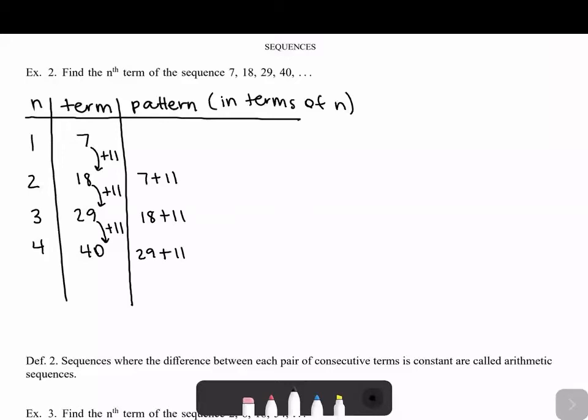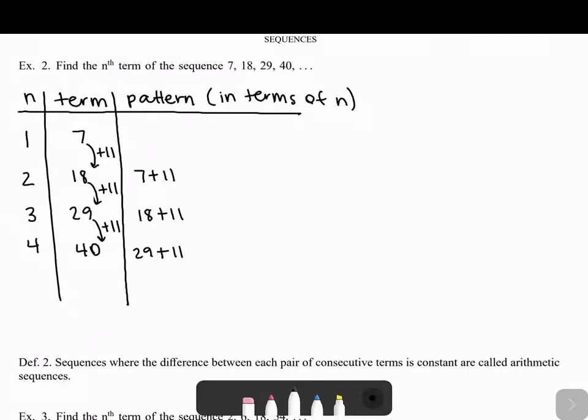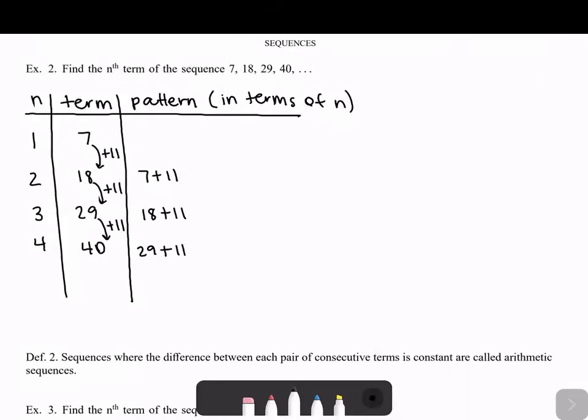So we want these expressions to look similar with only one thing different, which is going to be our n value. So instead of adding each number to 11, because remember, we want to have the nth term of the sequence down here, and we want to be able to plug in n into our pattern and know exactly what term we're dealing with. So let's change these a little bit.